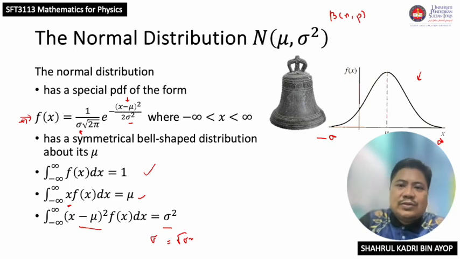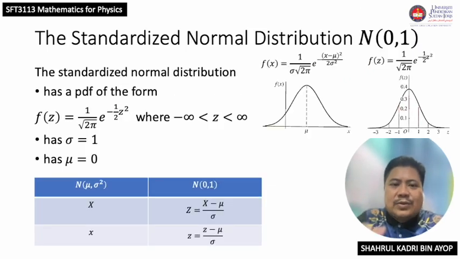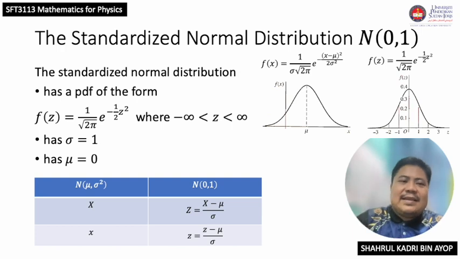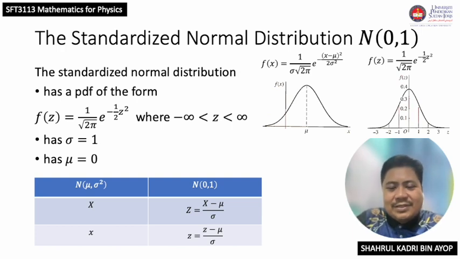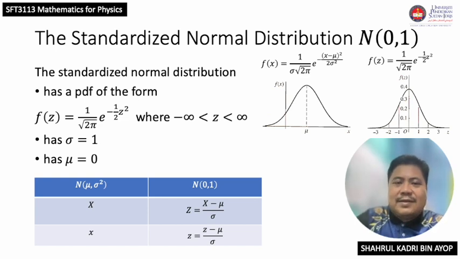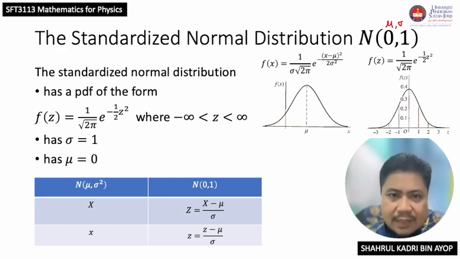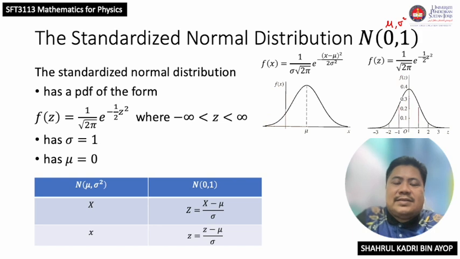So let's go to the standardized normal distribution. Okay, the standardized normal distribution is notated as N(0,1). So what does it mean? Before this, we have mu as the mean, and sigma as the standard deviation, and sigma squared as the variance.